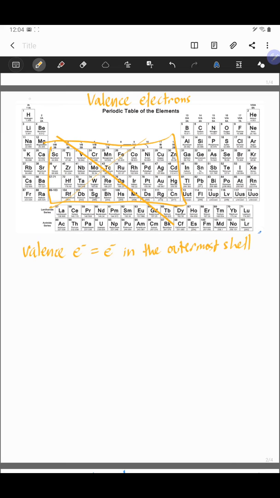The number of valence electrons is going to correspond to the column number. So 1, 2, 3, 4, 5, 6, 7, 8. So when we cross off this part in the middle, the column number is going to tell us the number of valence electrons for an atom.